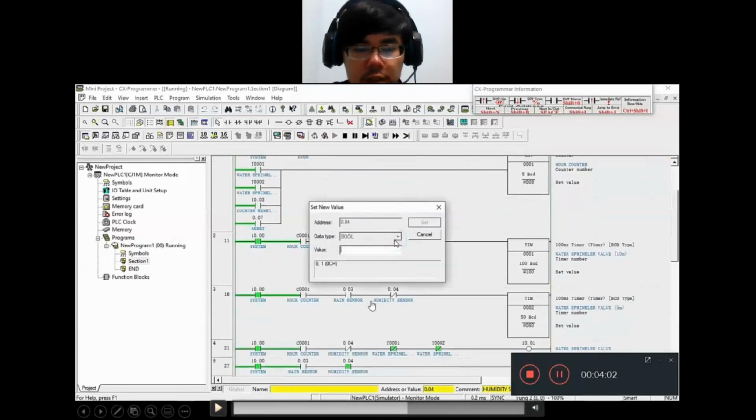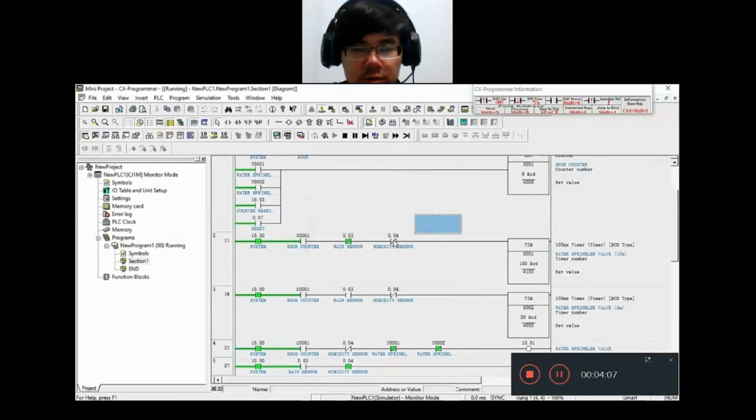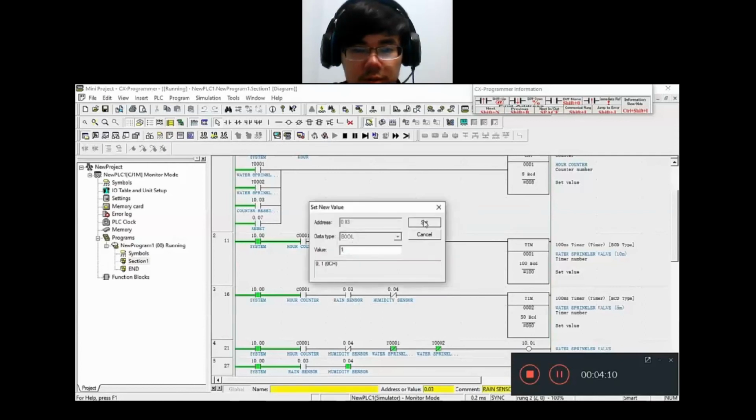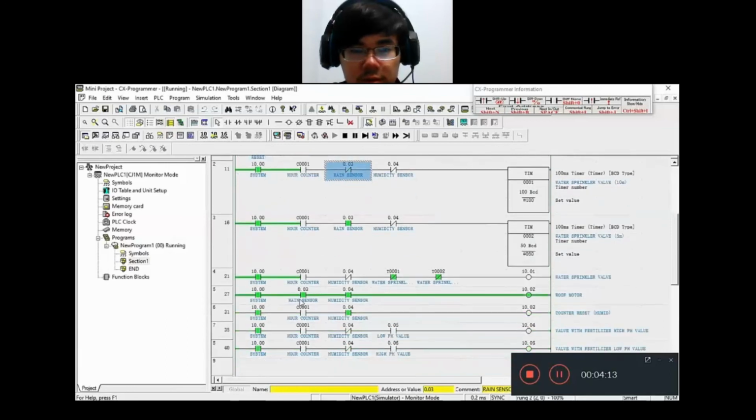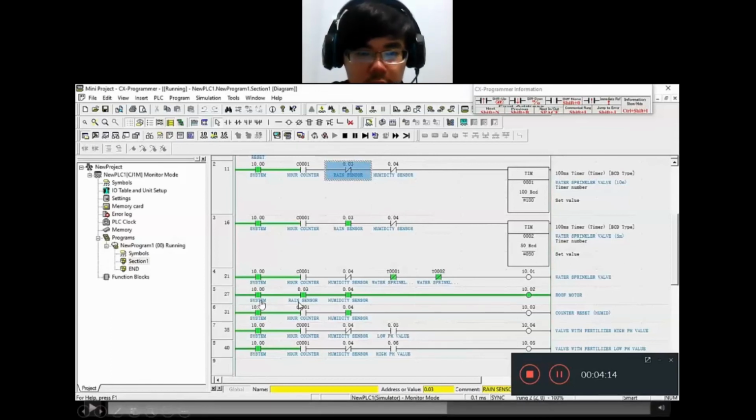Alright, now lastly both the humidity sensor and rain sensor are equal to 1. That means the soil humidity is wet and there is rain. If both sensors sense that the soil is wet and it is still raining, the roof motor will automatically operate without the hour counter counting.